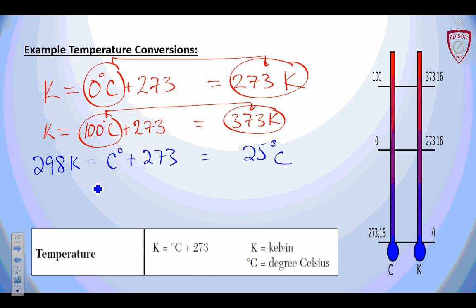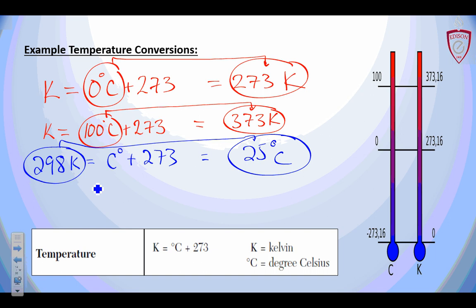Yep. So 298 Kelvin really equals 25 degrees Celsius. Again, it's the same amount of average kinetic energy measured on two different scales. Sure. Kelvin's great because it's a direct relationship to the amount of kinetic energy, and there's never any negative signs.